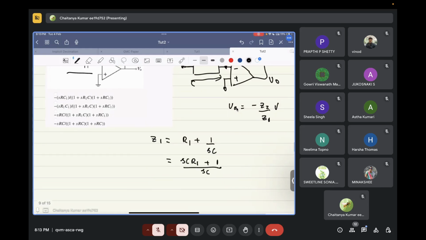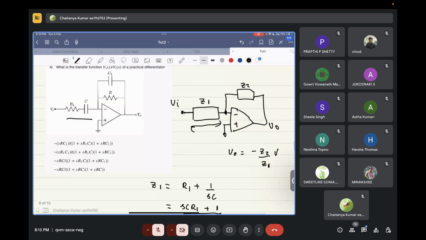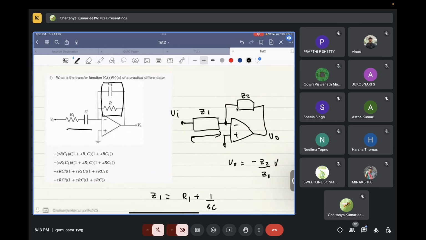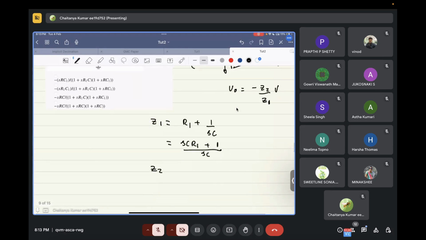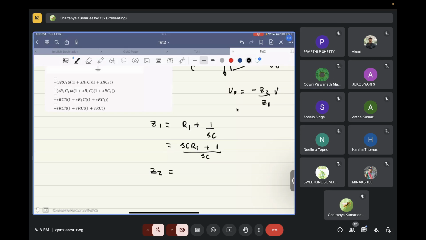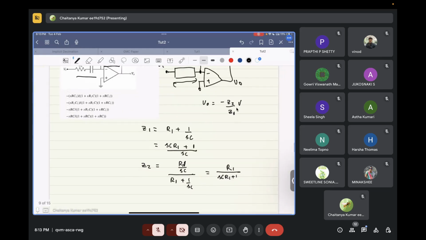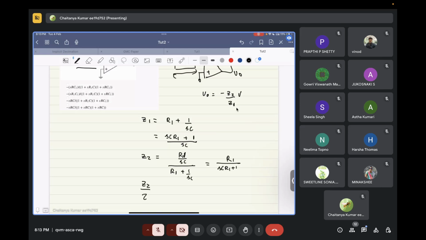What is Z2? It is the parallel combination of R and C1, right? So this is R1 times 1 by SC divided by R1 plus 1 by SC. This can be written as R1 upon (SC R1 plus 1). And so what will be minus Z2 by Z1?